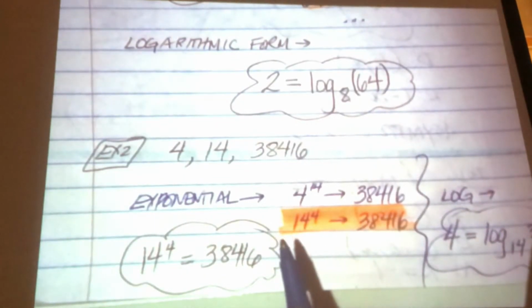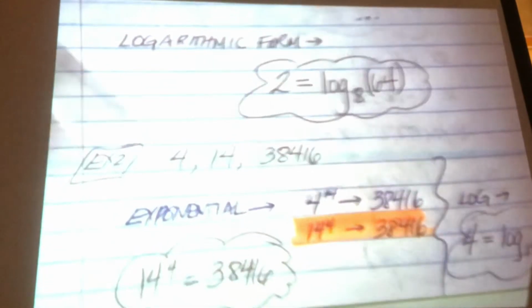I want to do one more with you that has to do with fractions so that you recognize that it's the same exact thing with fractions. Nothing's going to change. Example 3. Let's say I have 1/2, 6, and 36.